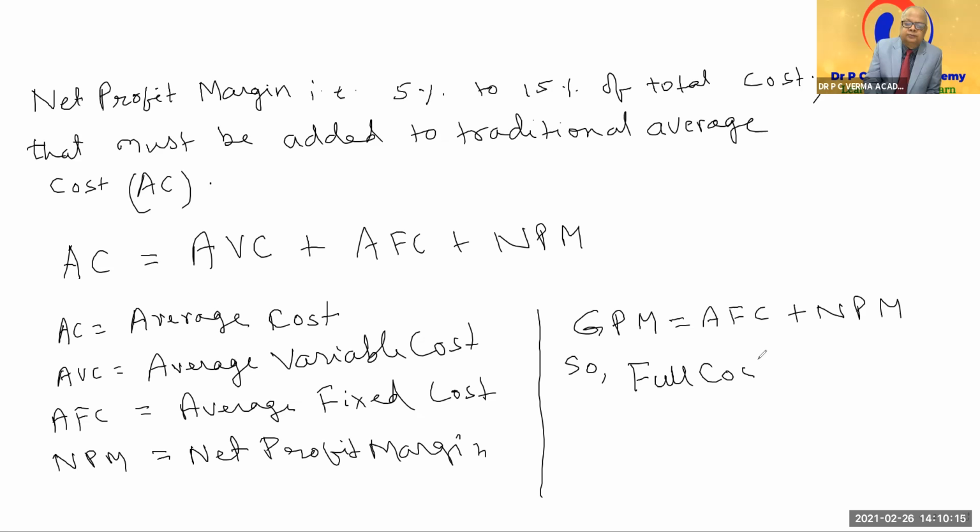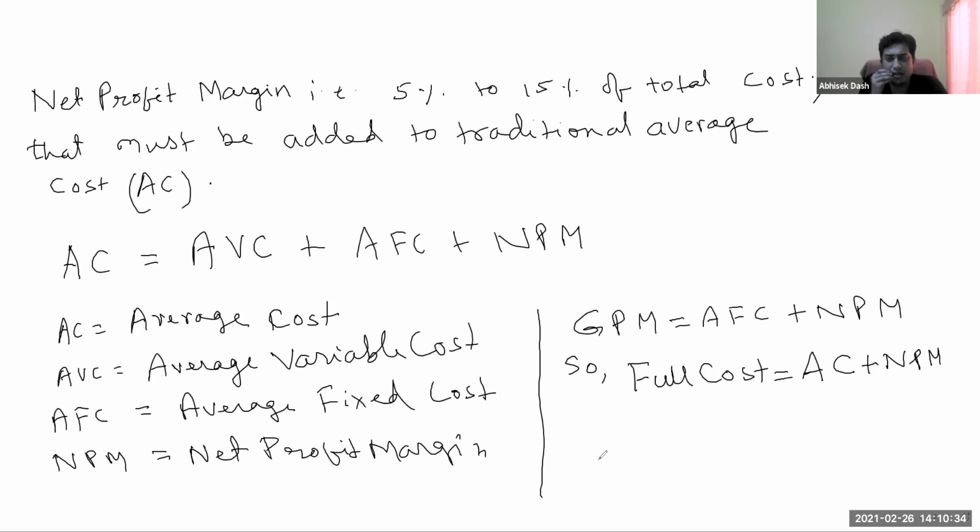Full cost is equal to average cost plus net profit margin. Sir, in this formulation, it should be average cost or total cost? Average cost. Sir, yesterday we have written full cost will be total fixed cost plus NPM plus total variable cost. What you have written?